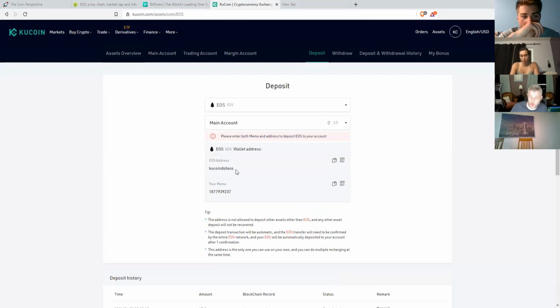That sends it to KuCoin, and then the memo sends it to me. If you forget the memo, it's going to go to KuCoin, but it ain't going anywhere else. So some wallet addresses need an address and a memo, like EOS, and XRP sometimes.